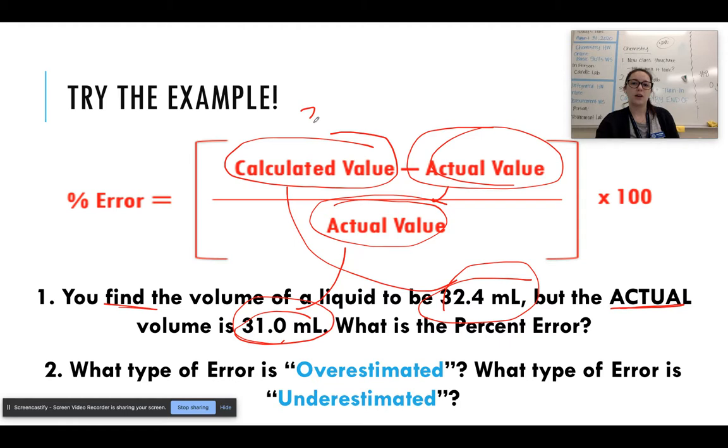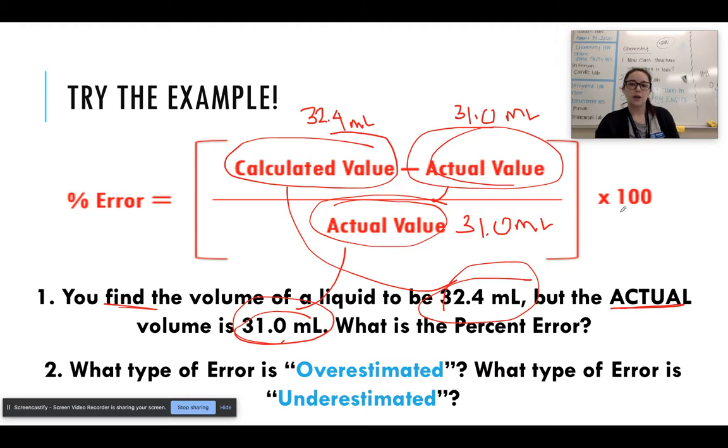So we have 32.4 milliliters, 31.0 milliliters, and 31.0 milliliters. My 32.4 is going to be subtracted from my 31.0. I divide by 31.0, and I keep that entire decimal.